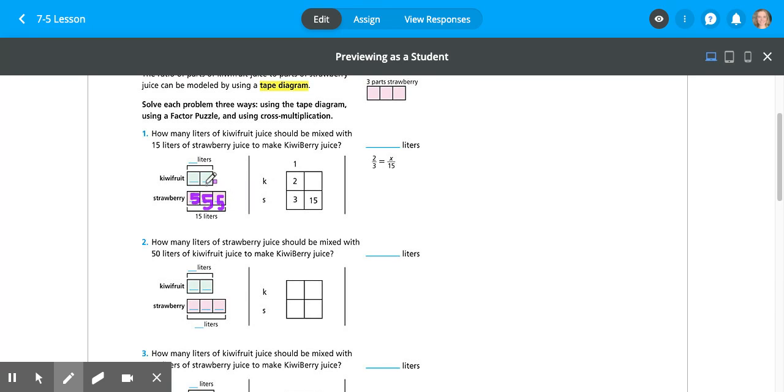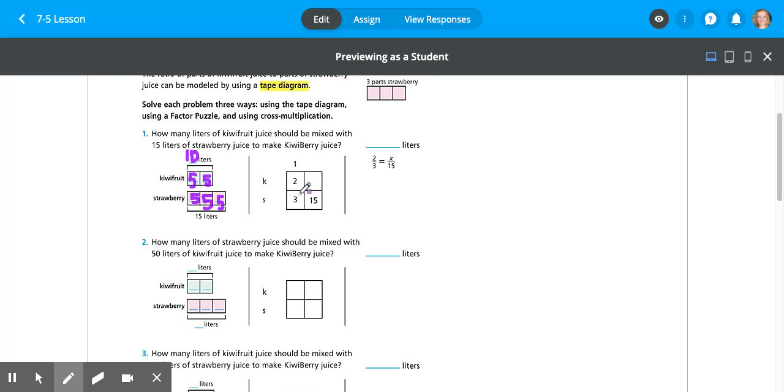And all of these pieces are the same size as these pieces, so we know they're also going to be 5. So we have 5, we have 10, so there's 10 liters of kiwi fruit juice for every 15 liters of strawberry juice.